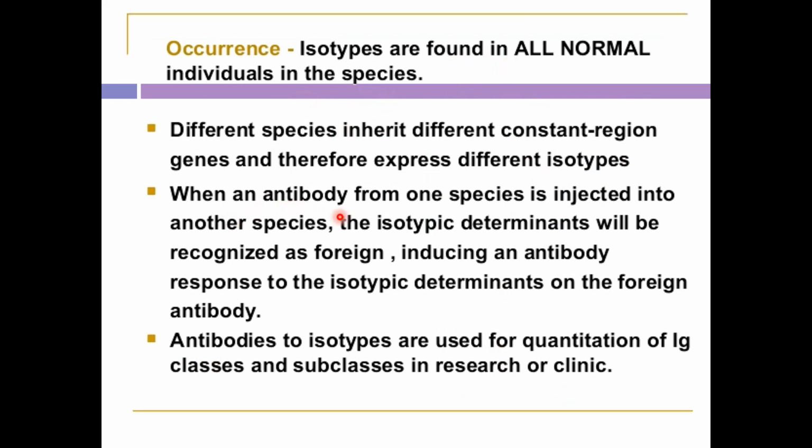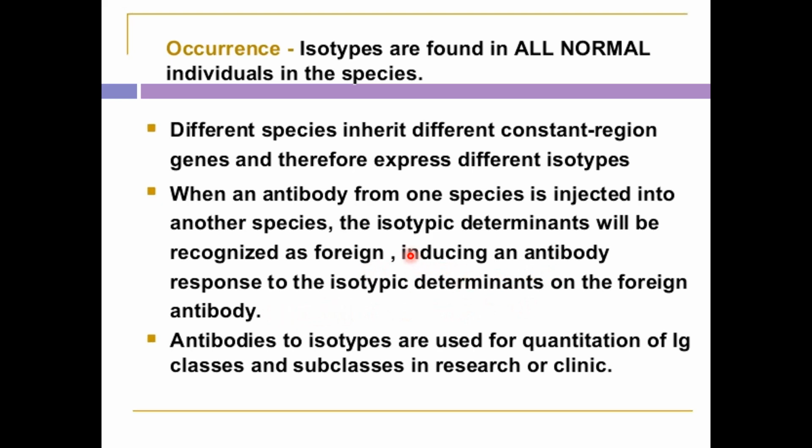When an antibody from one species is injected into another species, suppose a human antibody is injected into a mouse or a mouse antibody is injected into a human, the isotype determinant will be recognized as a foreign antigen, inducing an antibody response to this isotype determinant of the foreign antibody.